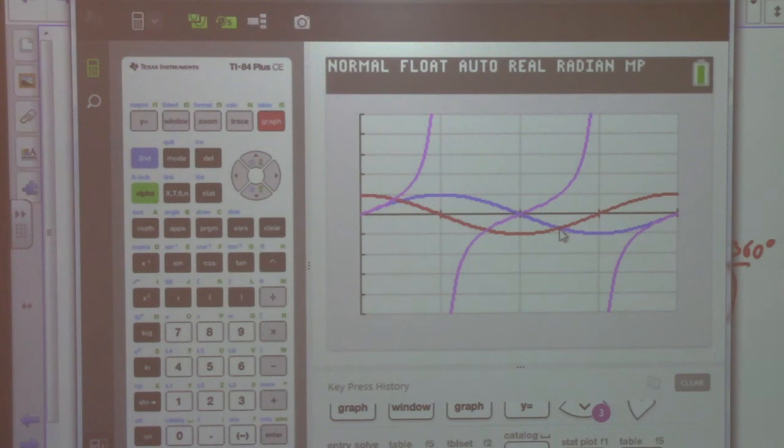So right here at 5 pi over 4, these ones are both negative square root of 2 over 2. So you get negative square root of 2 divided by negative square root of 2, which equals 1. So right here, the tangent value is 1, and positive 1 at that. Okay. Okay, next.